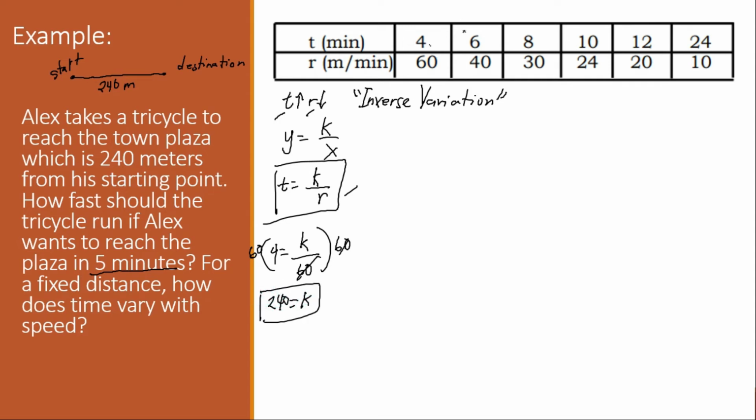Try din natin itong isa. Itong 6 and 40. 4 equals, mali pala. It should be 6. 6 equals, let me erase lang muna.